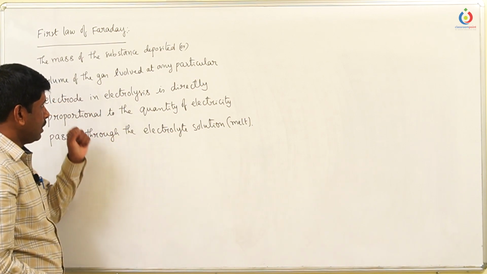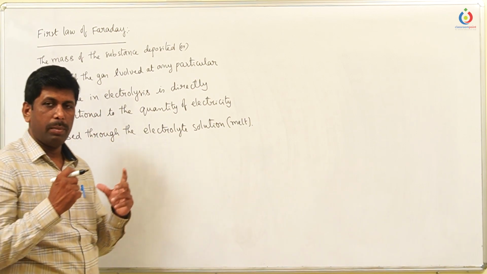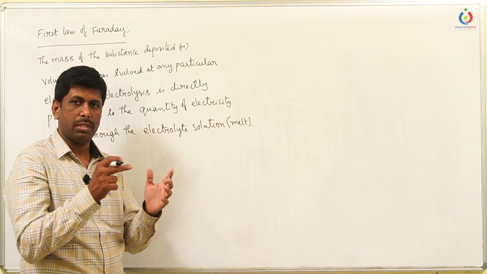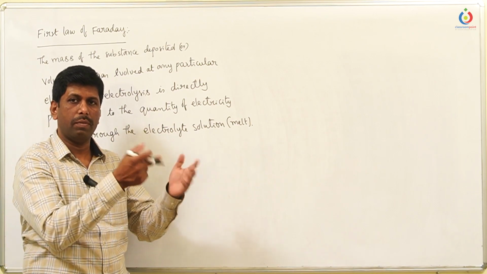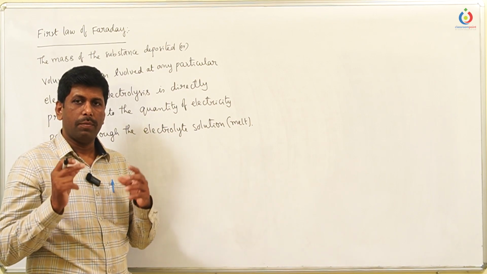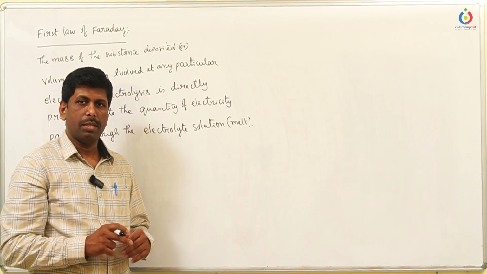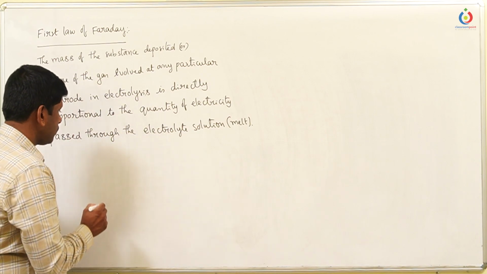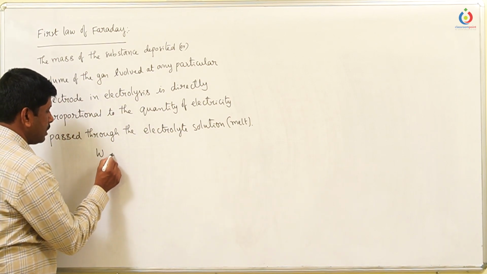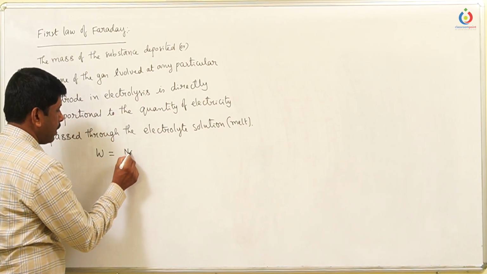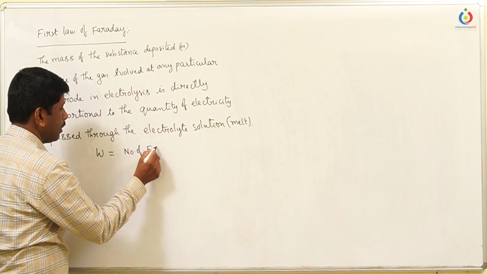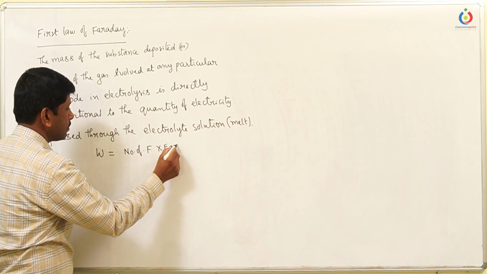So this entire definition clearly says that if you send a larger amount of current, the mass of the substance deposited is directly proportional to the quantity of electricity we are passing. If you send more electricity, more mass of the substance gets deposited. Already we have seen weight of substance equals number of Faradays into equivalent mass.